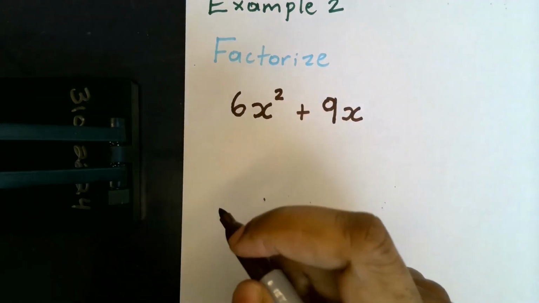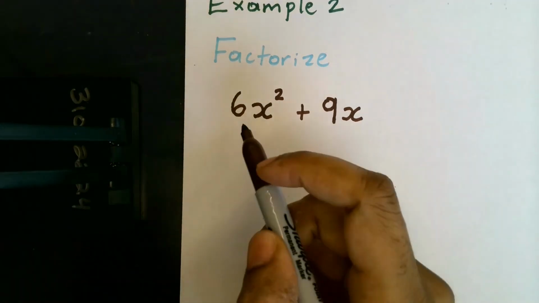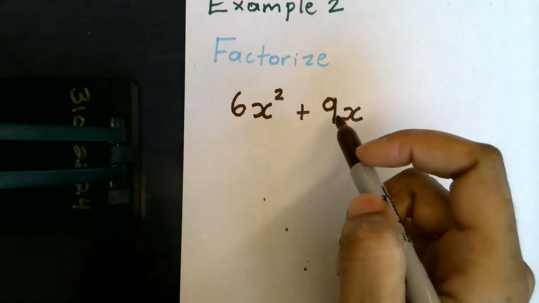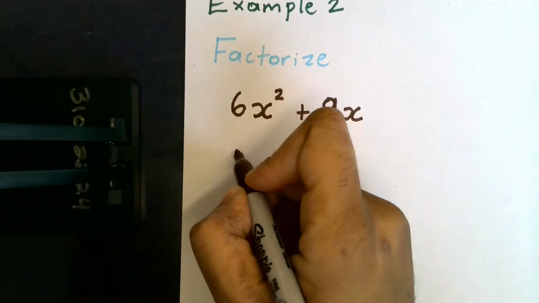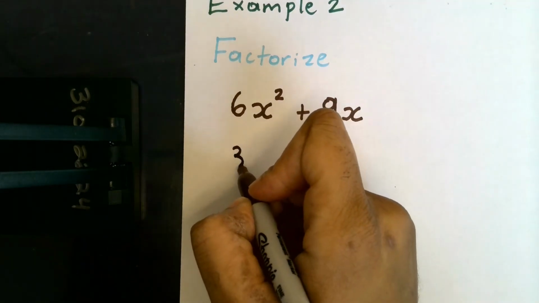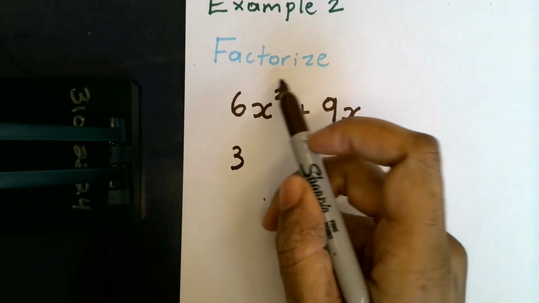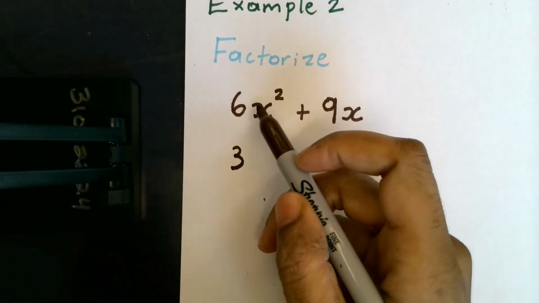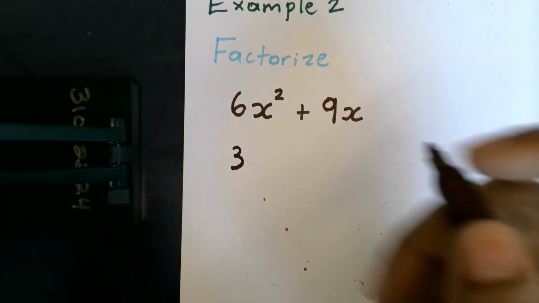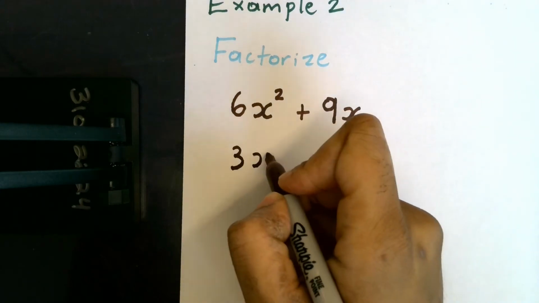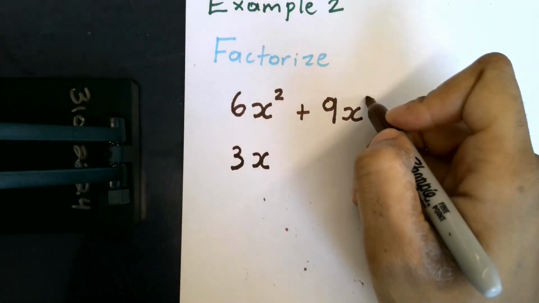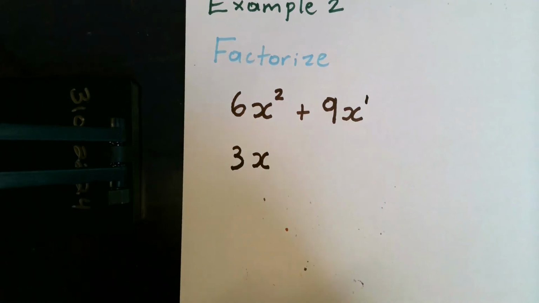Let me repeat that. The greatest common factor of 6 and 9 is 3. The greatest common factor of x squared and x is x. So we always choose the variable that has the smallest exponent.